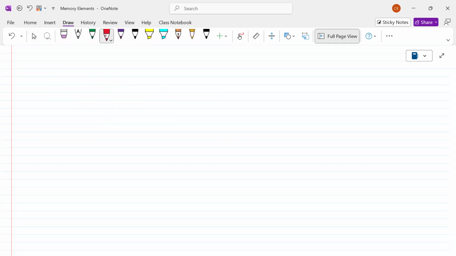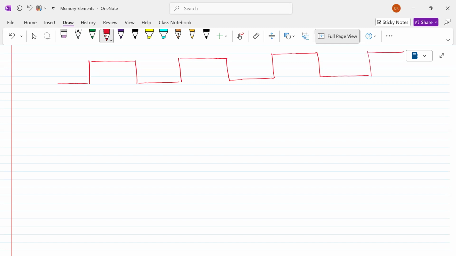First of all, let us take the input signal something like this. This is the enable signal. Let us consider this is my input signal.